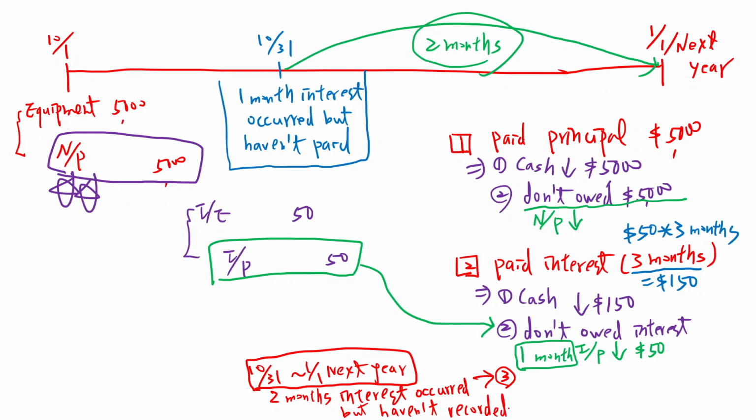So what does it mean? The same. Happened, haven't recorded yet. So what should we do? Record it now. So you should tell them, interest expense happened for 2 months. 2 months, how much? $100. Okay, that's it.